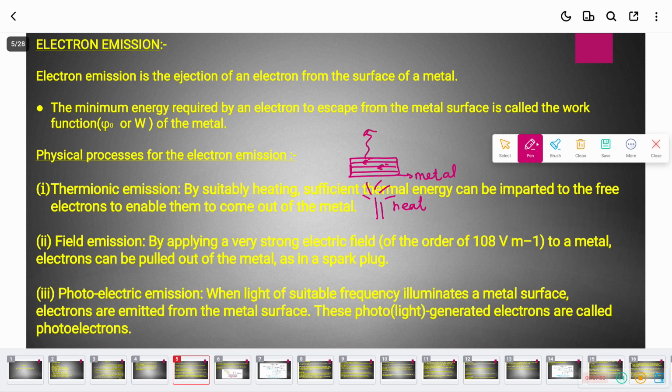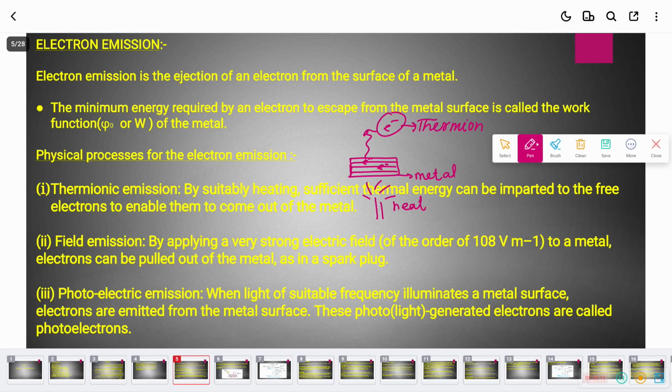Now this electron came out, because when an electron gets energy, it will go to a higher excited state. Now the electron is coming out, and I will call this electron a fermion. And this whole process is called thermionic emission. Clear? Not a single doubt.